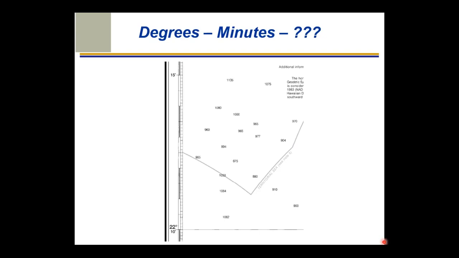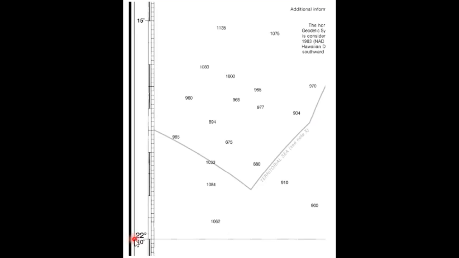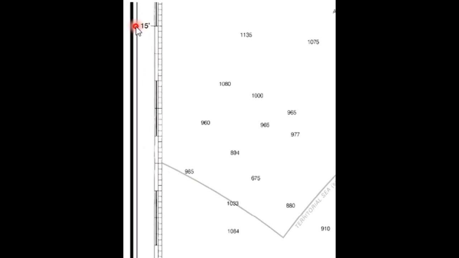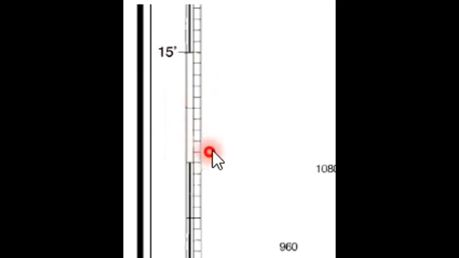Finally, we see something common for small scale charts. Let's look at this example a little more closely. Here, I have 22 degrees 10 minutes, 22 degrees 11 minutes, 22 degrees 12 minutes, 13, 14, 15. So each one of these sections is a minute of latitude. And within each minute of latitude, there are still 10 ticks.